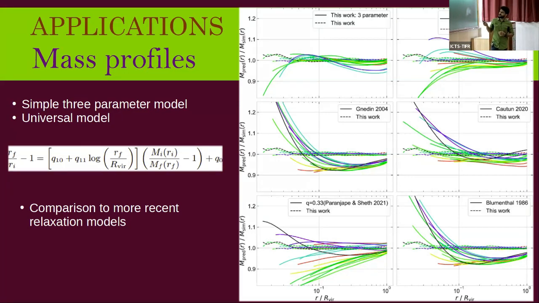Even for the 3-parameter model, with just 3 universal constant parameters, we see that in the outer region most of the other models underpredict the mass profile, whereas this universal model gets much closer, within 5%, to the expected mass profile for the dark matter in the hydrodynamic simulation. With that, I will conclude.